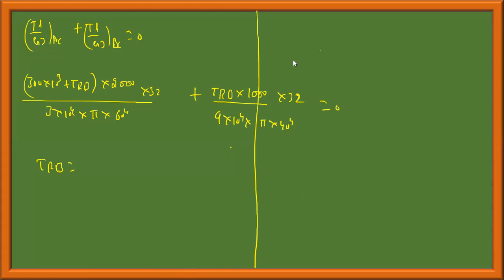Mekala? 0.0157. No, no, no. Somewhere you've gone wrong. Are you getting minus 162,711.864 Newton mm? Minus 162,711.864.